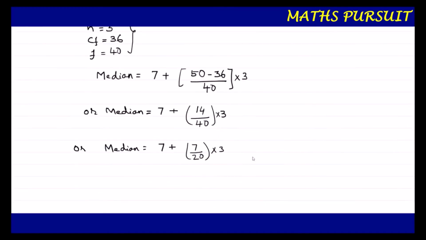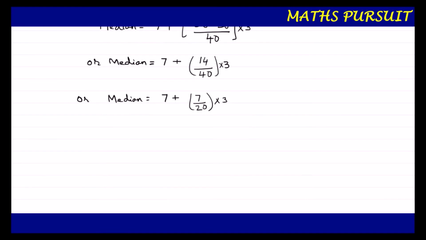Or median is equal to 7 plus 7 into 3 upon 20, just multiplying the 3.